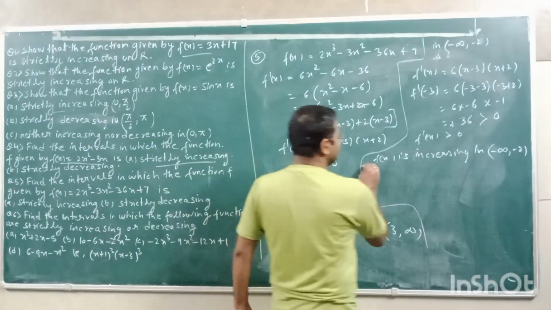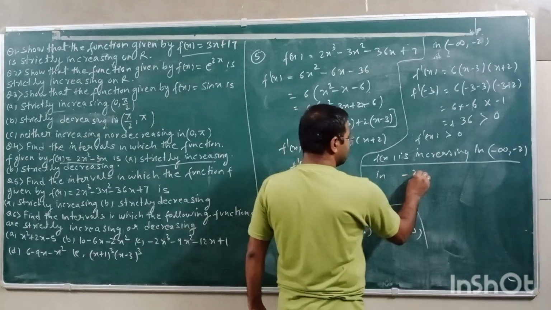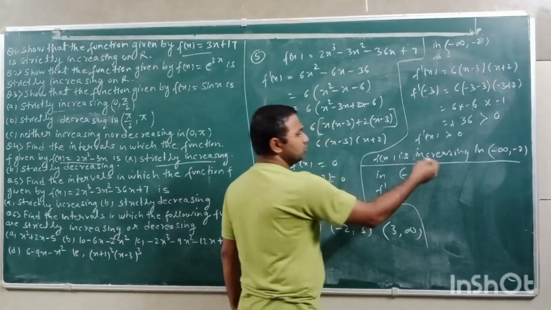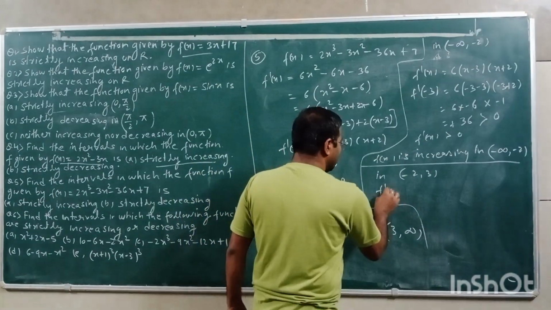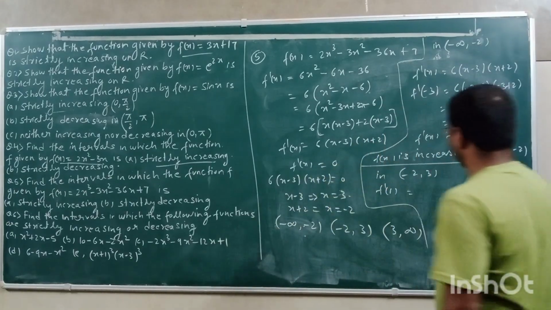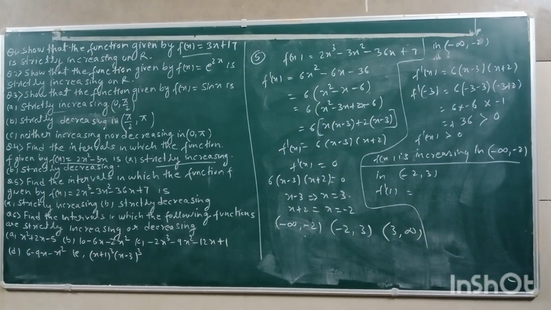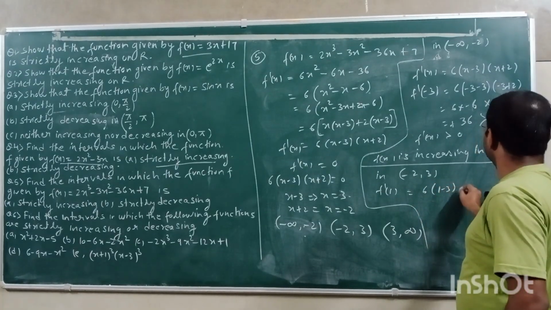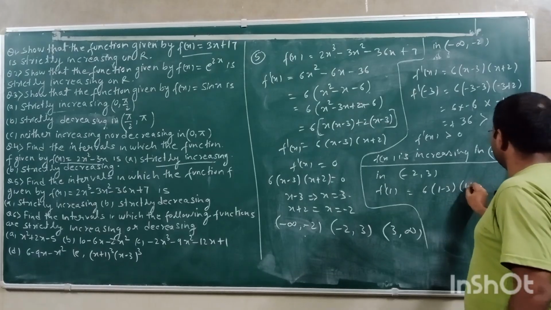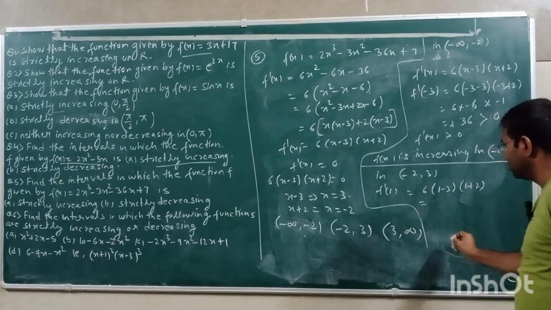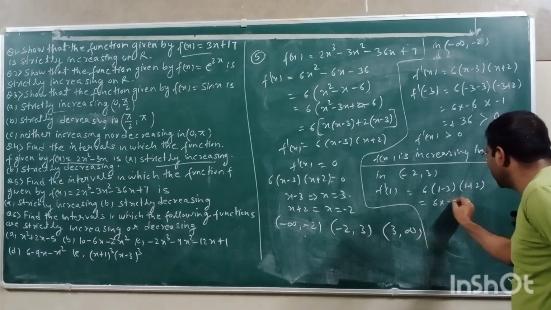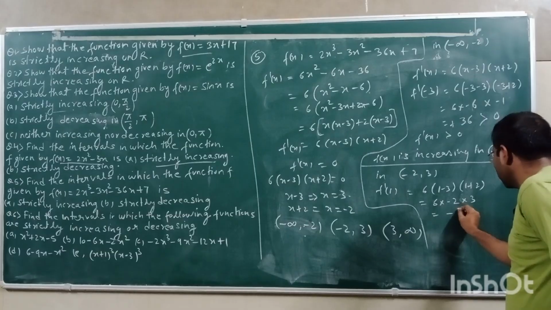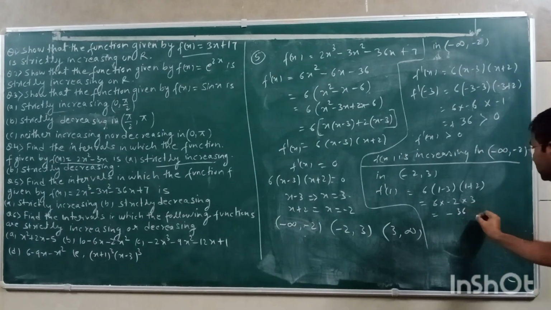Now we will check in interval −2 to 3. From −2 to 3 take any value, suppose 1. When you put 1, then 6(1 − 3)(1 + 2), that is 6 into −2 and 3, means −36 is coming, less than 0.